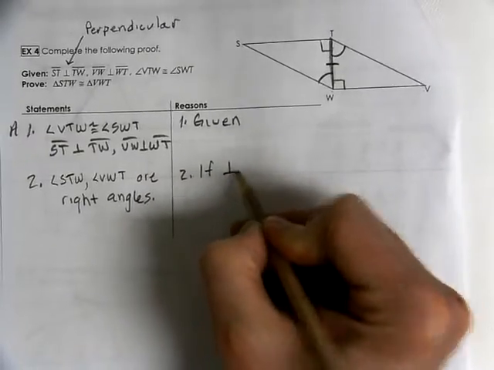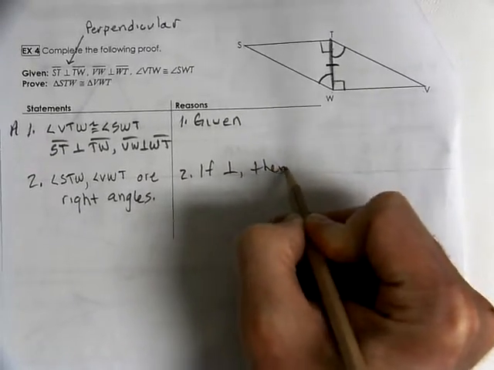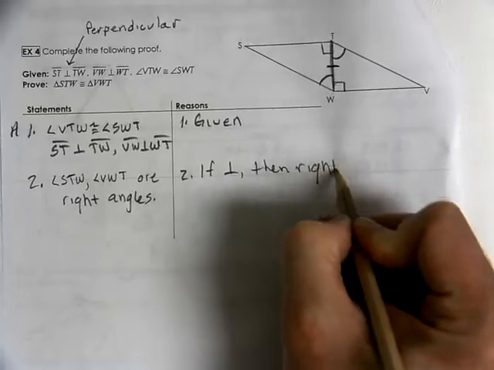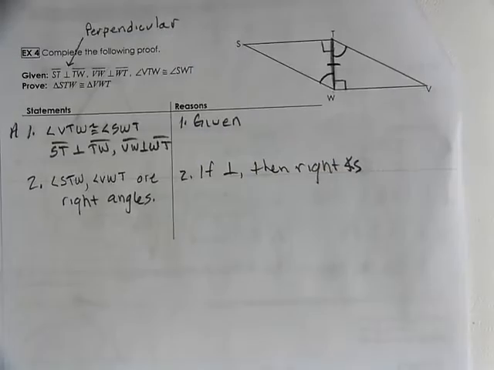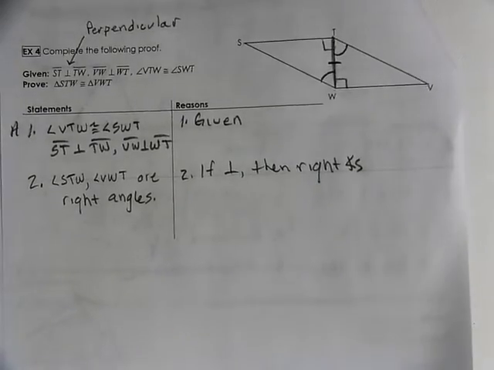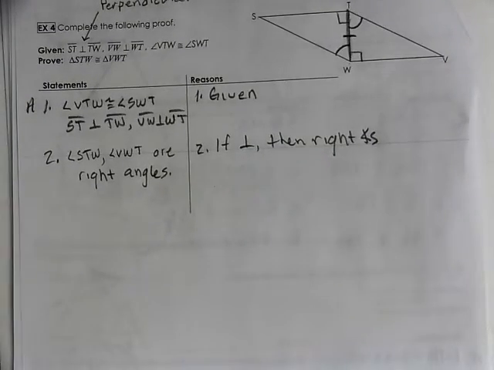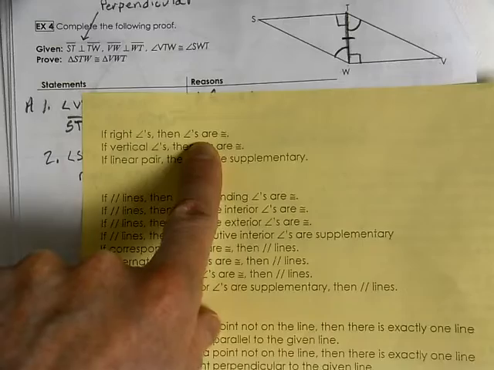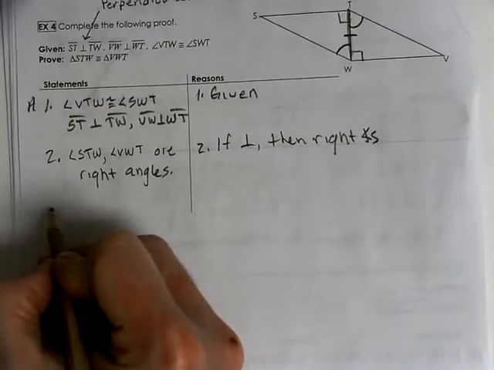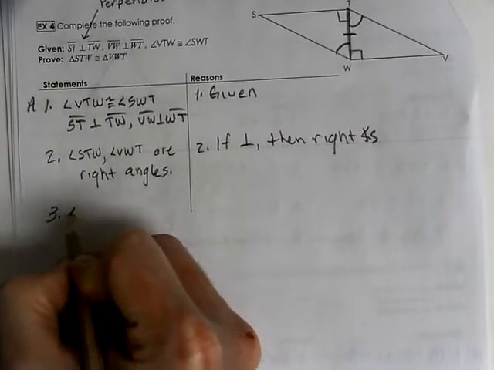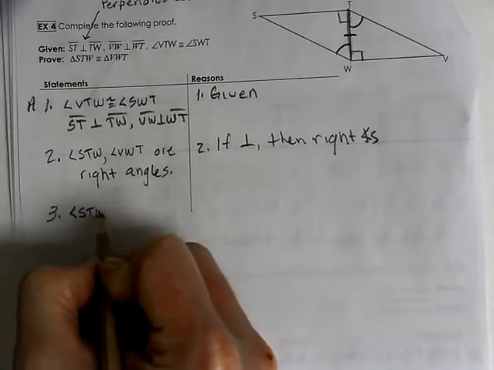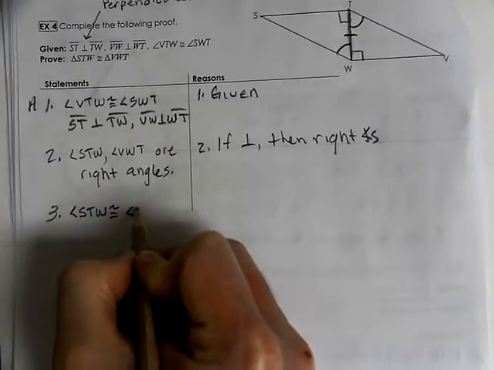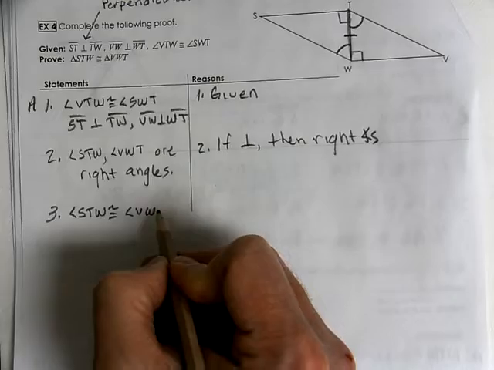If perpendicular, then right angles. We've got to talk about right angles after we talk about perpendicular. And then, if right angles, then congruent angles. So we know that angle STW is congruent to angle VWT.